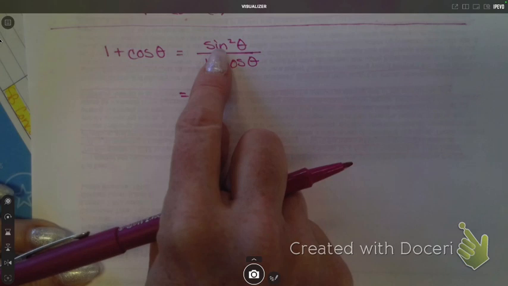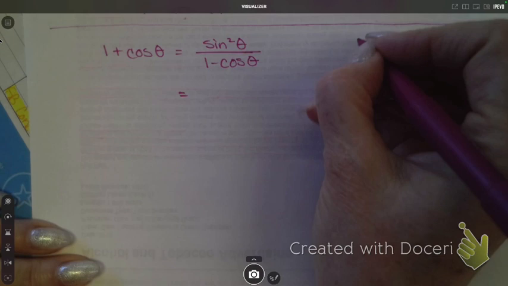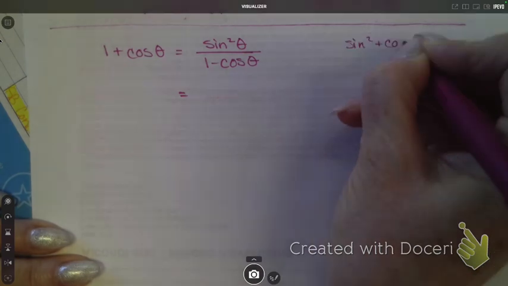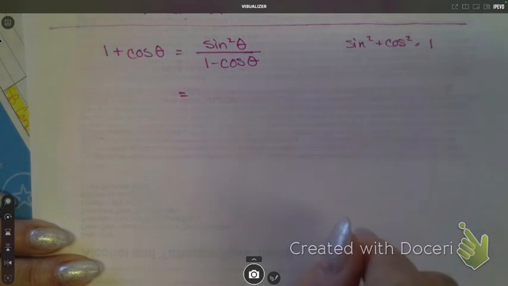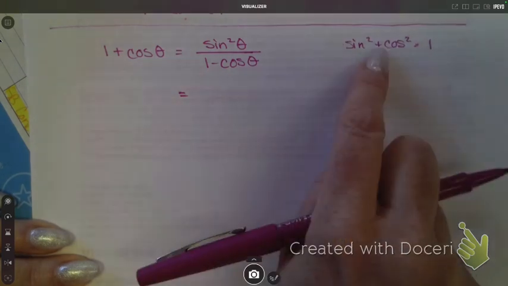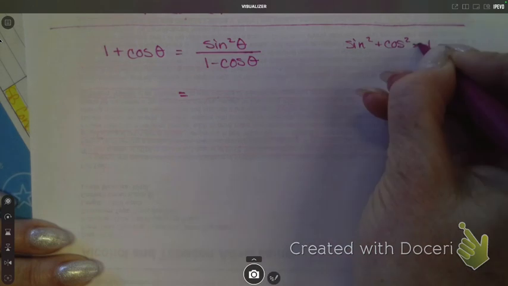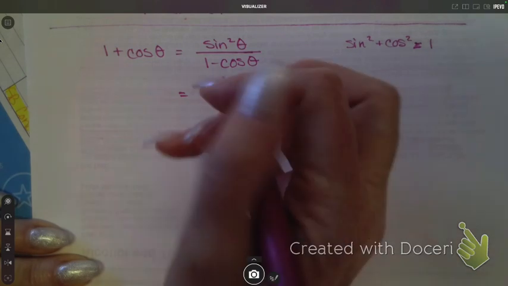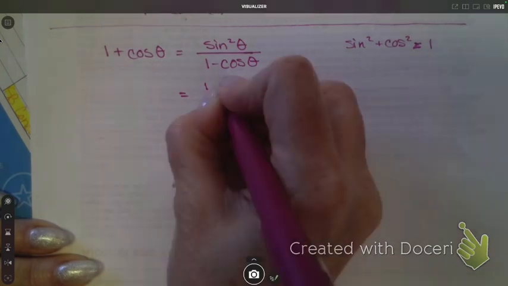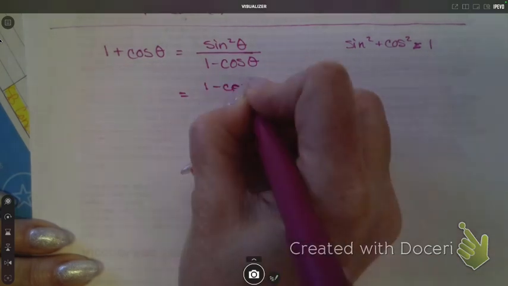Sine squared plus cosine squared equals 1. So if I solve that for sine squared, what would it equal? 1 minus cosine squared. So 1 minus cosine squared over 1 minus cosine.